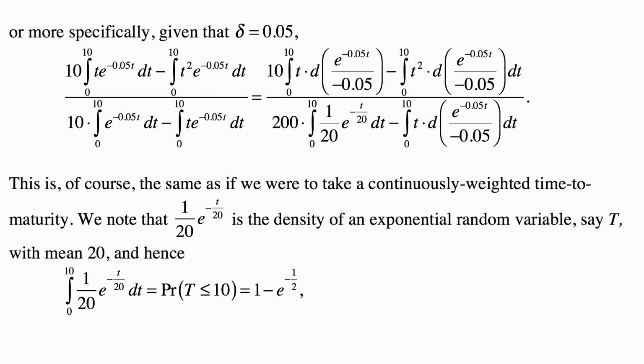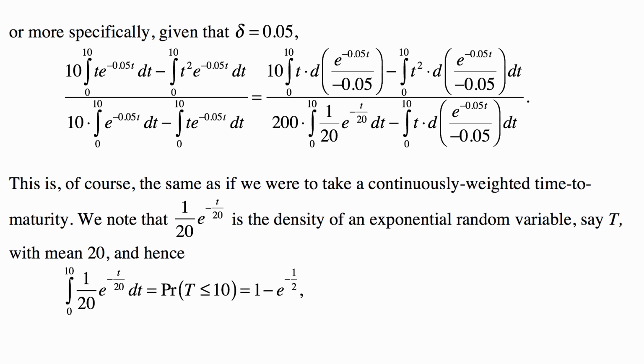At the top we note that this is 10 times the integral from 0 to 10 of t times the differential of e to the minus 0.05 t over negative 0.05, and the second the same way, minus the integral from 0 to 10 of t squared times that differential.